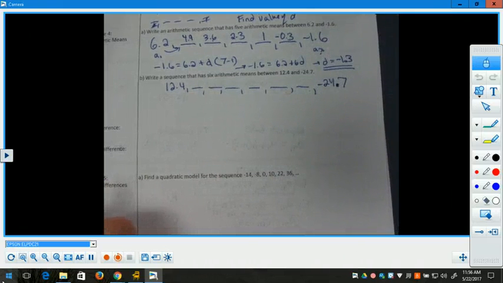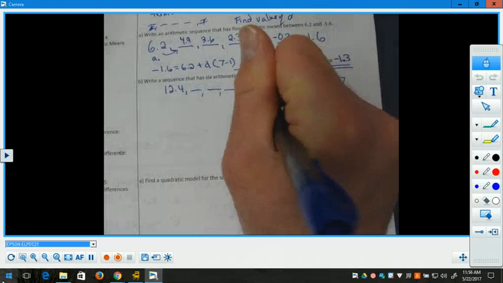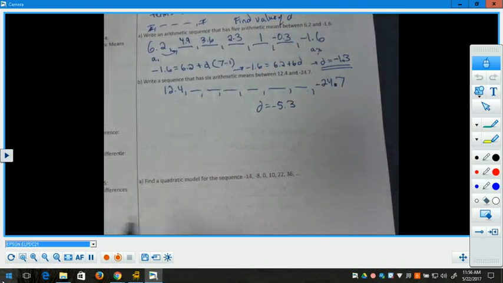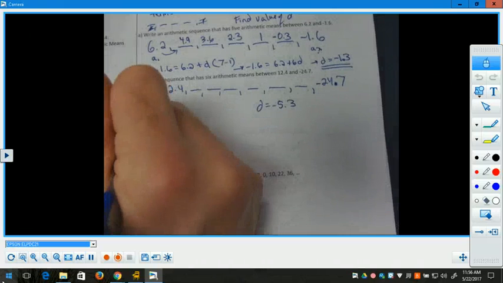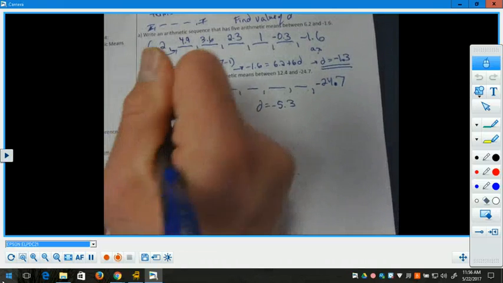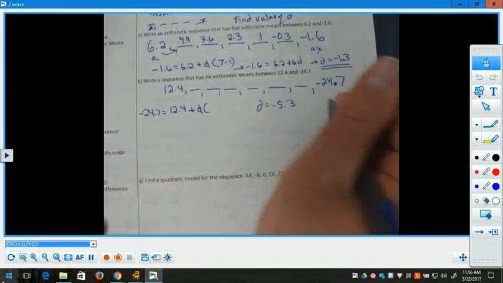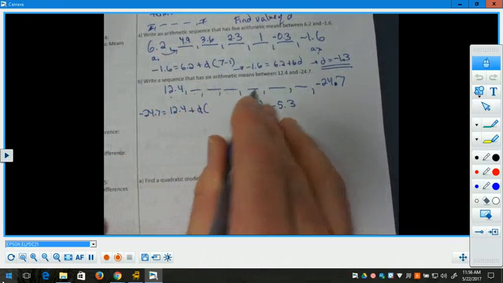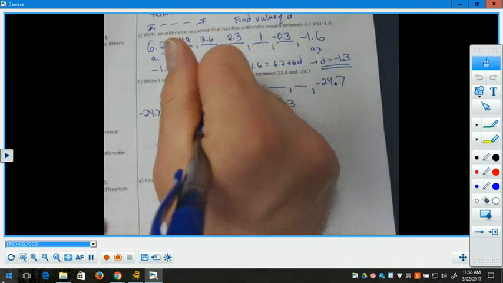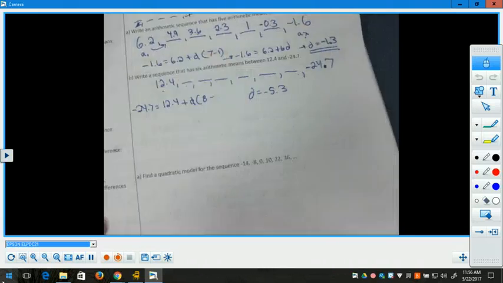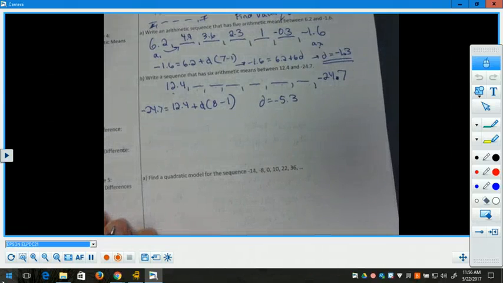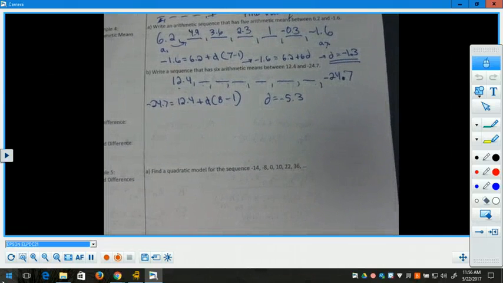If you did this correctly, you should have gotten a value of d, I believe, of negative 5.3. To set that up, you would have had negative 24.7 equals 12.4 plus d times, this is the 1, 2, 3, 4, 5, 6, 7, 8th position, so 8 minus the first position, 1. And you would have solved for d.